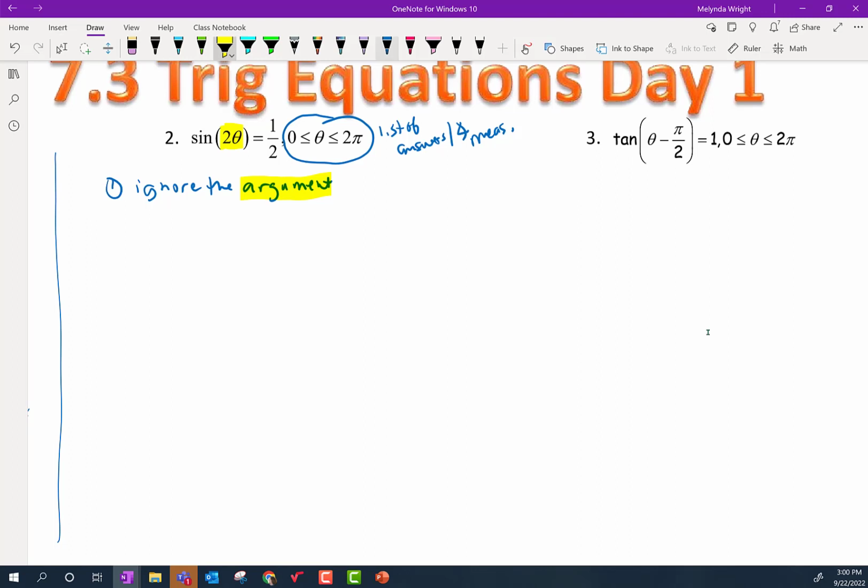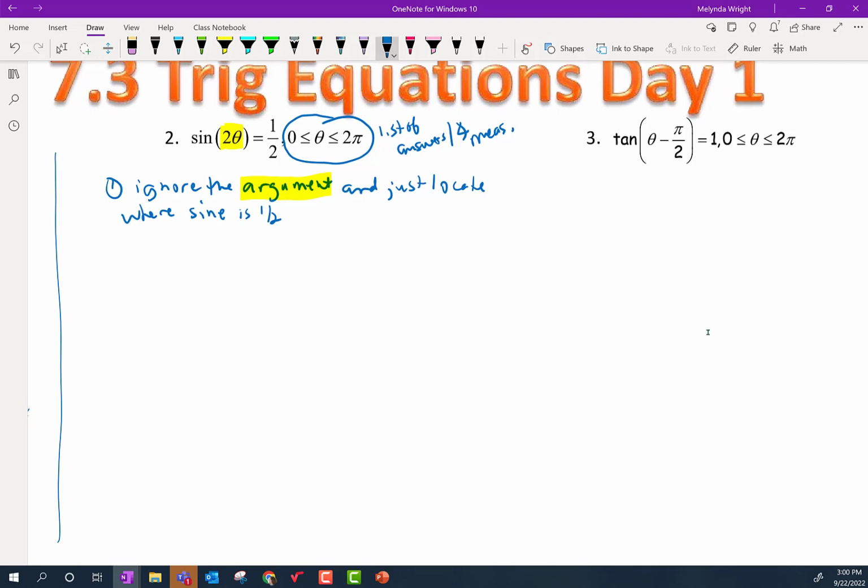We're going to ignore the argument and just locate where, in this case, sine is 1/2. We're not going to pay attention to what's inside the argument. We're just going to investigate to see where sine is 1/2.